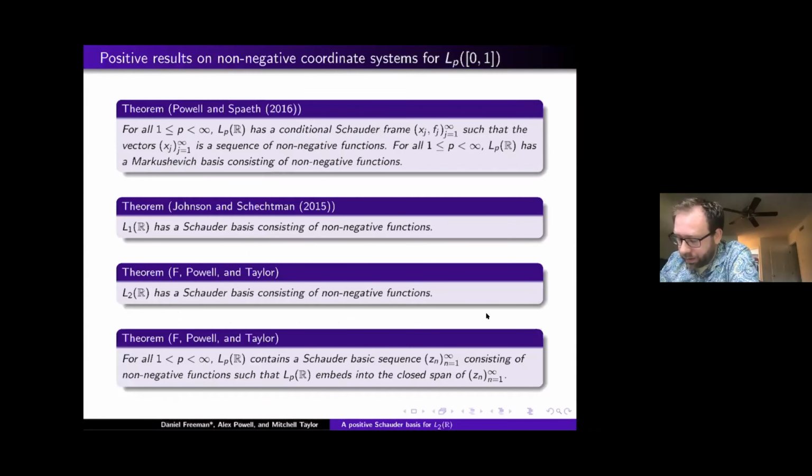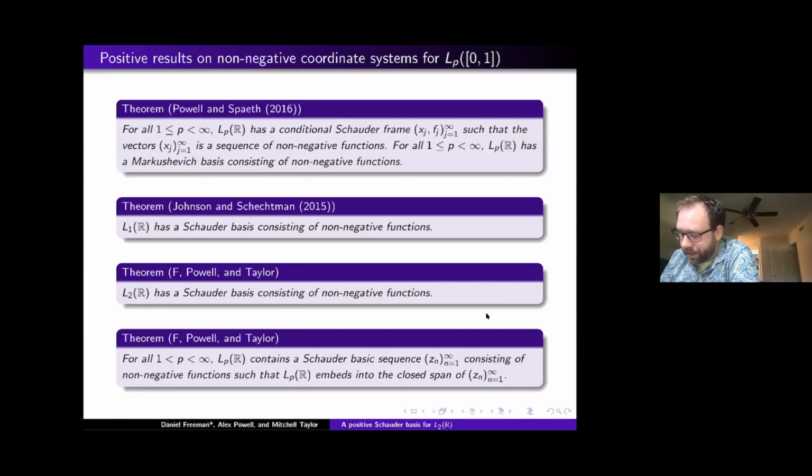So that was the negative results. Let's talk about positive results on non-negative systems. And so we know that we can't get any unconditional structure using positive vectors. And so let's see what happens if we get rid of that condition of unconditionality.